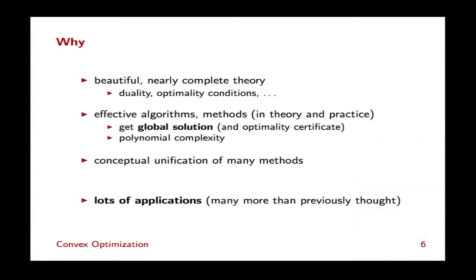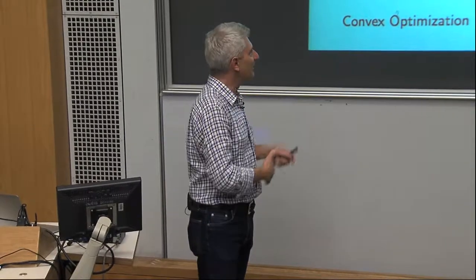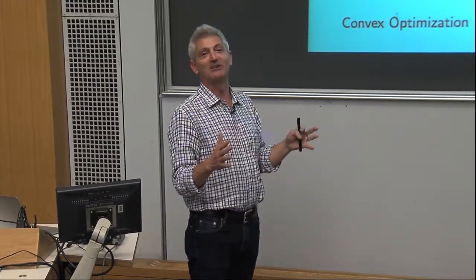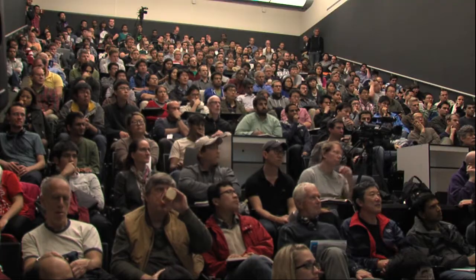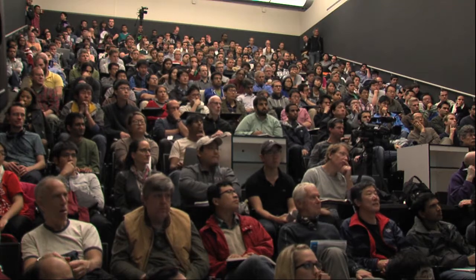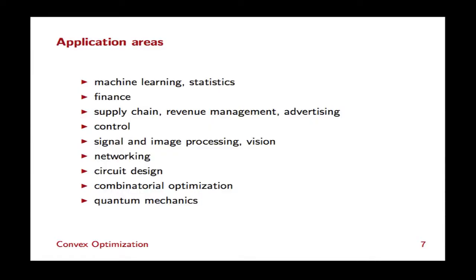I think the real reason to study it, I mean, all of these are coupled. There wouldn't be tons of applications if you couldn't actually do it. So these are coupled, they're not independent. But the main thing is there are just tons of applications of this. That's the interest for me. So the application areas would be things like machine learning and statistics. We'll even look at some examples. Finance, supply chain, revenue management, advertising, control, tons of problems.